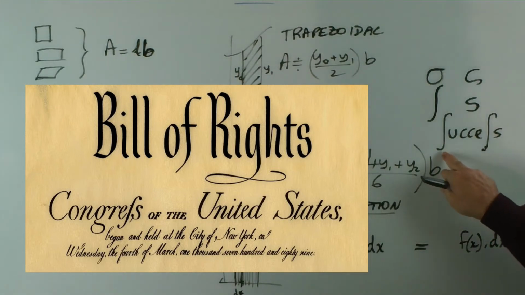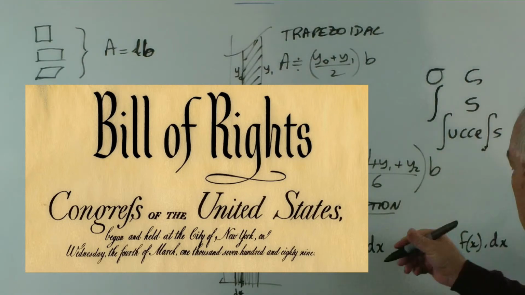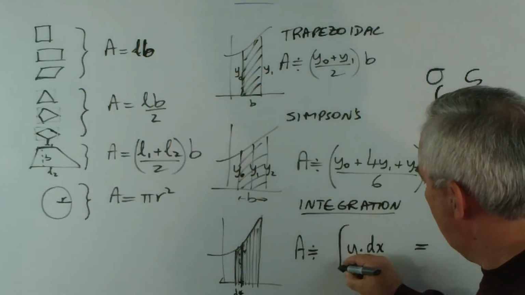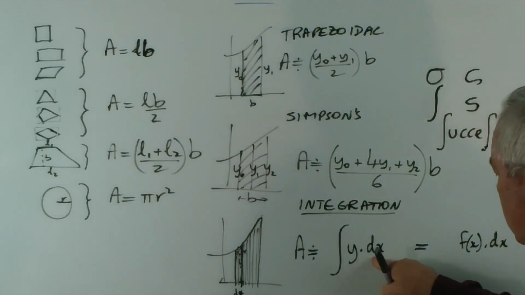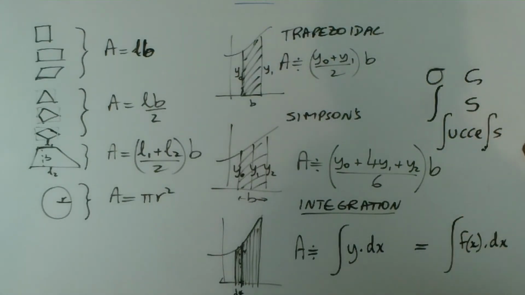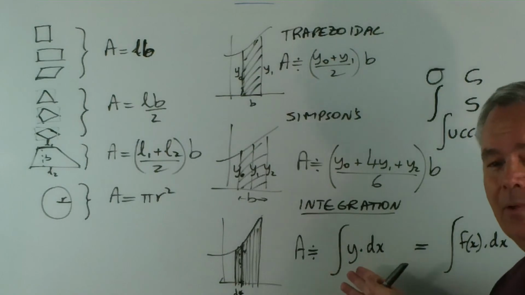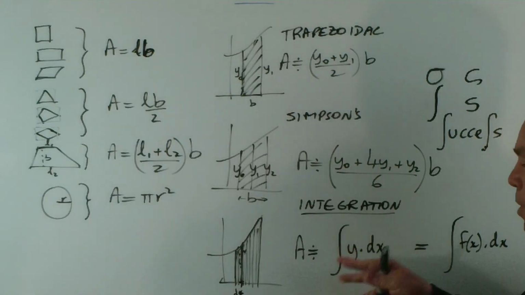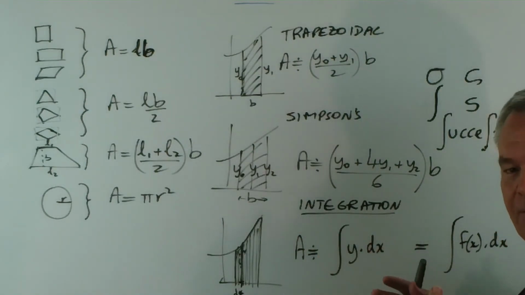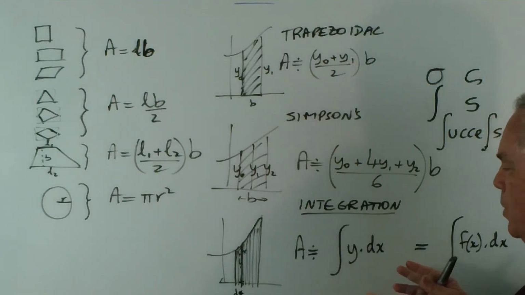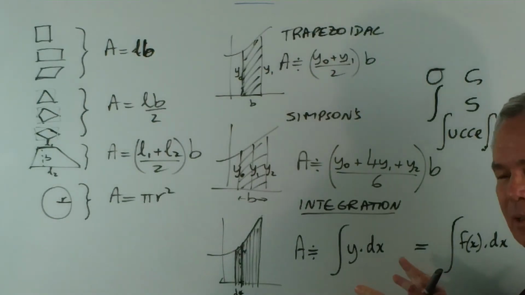And people in that day used this letter S to say we are going to sum or add up all of these rectangles. We're going to add up the rectangles, and that's where we get the symbols for finding integrals. I'm not going to explain how to do it in this video, or in a very detailed mathematical way.